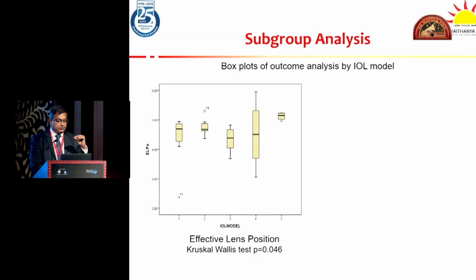You can see that the effective lens position on some of these is in a very narrow range, irrespective of the dimensions, the power of the lens, etc. So it is not responsive to the geometry of the eye, whereas in some eyes there is a wide variation in the effective lens position.